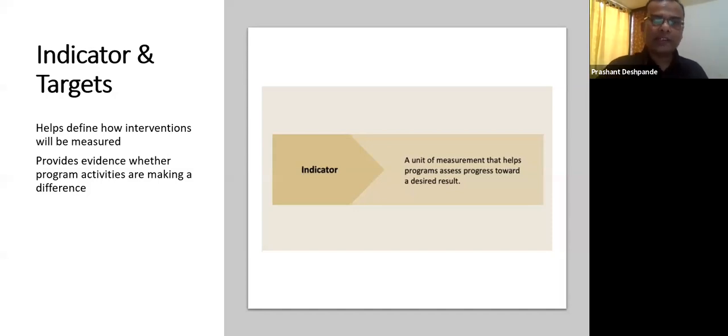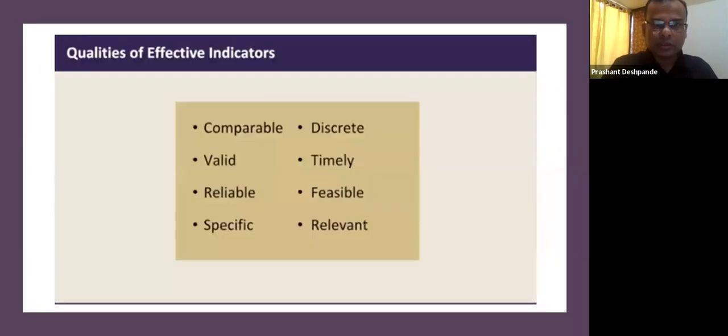With the help of indicators, we can see how our program is progressing, at what stage we are, and whether our program is making a difference or not. For our outputs and outcomes, we need indicators in the M&E plan so that we can review them, compare with the targets, and see whether we are progressing towards our objectives, impacts, or goals.